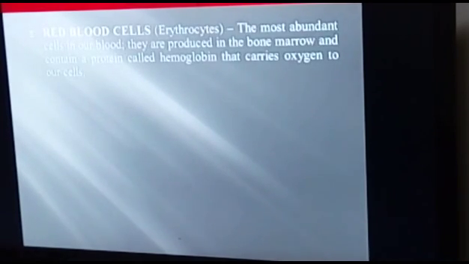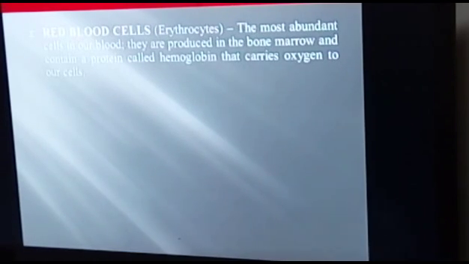Red blood cells, as you know, are called erythrocytes. They are the most abundant cells in our blood. Cells in our blood, not plasma, cells in our blood. And they are produced in the bone marrow, that is inside your bones, in particular the big bones.